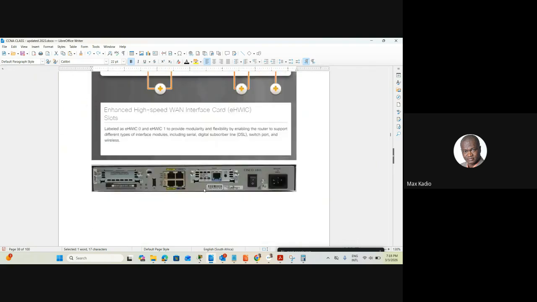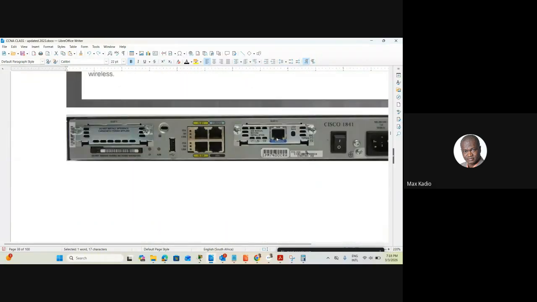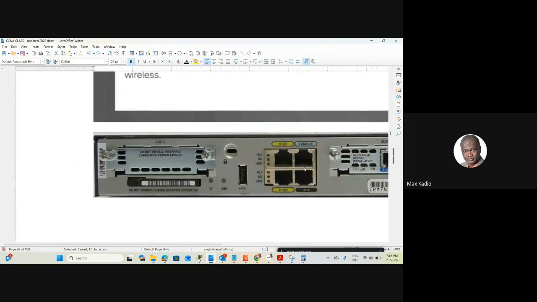When you have a router, what are the different ports? We'll see that there is a port called the console port. If you want to do some basic configs, you plug in the cable. We did that last Saturday. It is always written console, so it means this port is a console port.